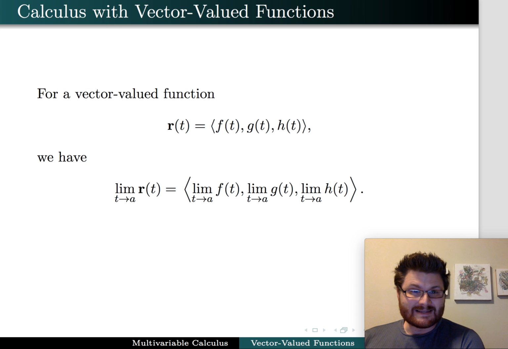Well, it means just what we'd like, that we can imagine what's happening as t approaches a within each of those component pieces. And so we can take limits of vector-valued functions.